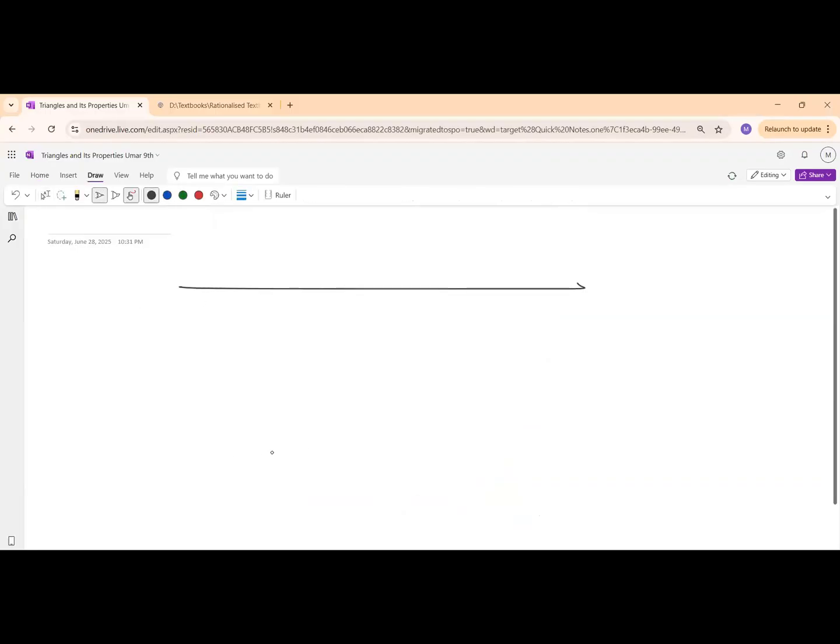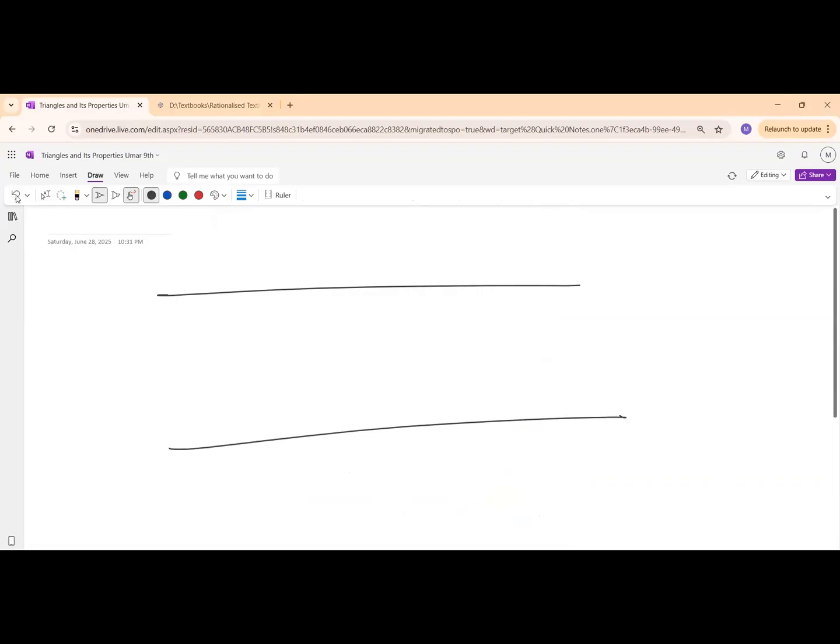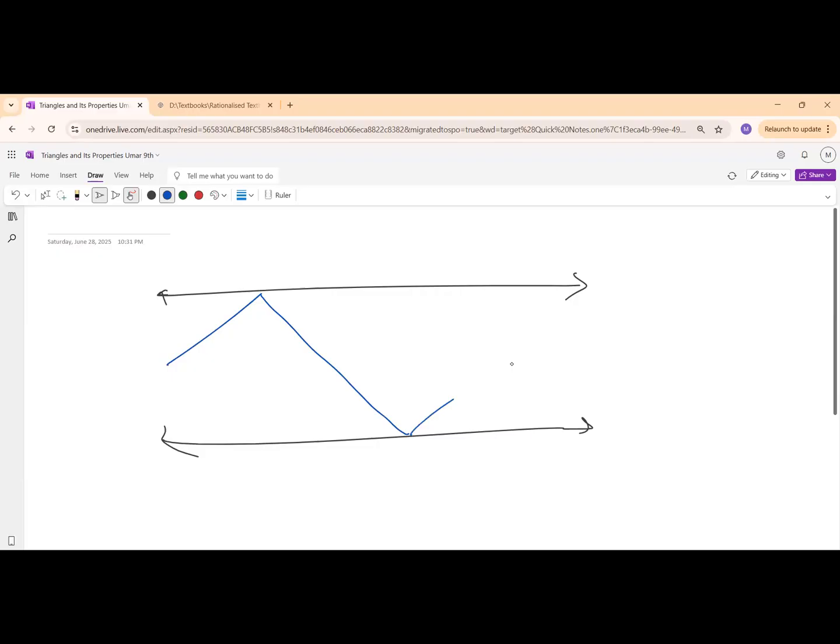There were two parallel lines, PQRS and ABCD. Remember, we were doing this calculation last class.